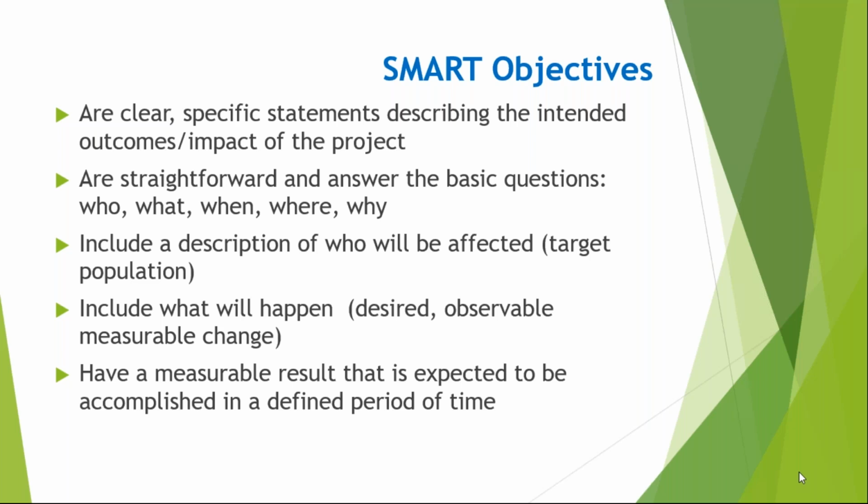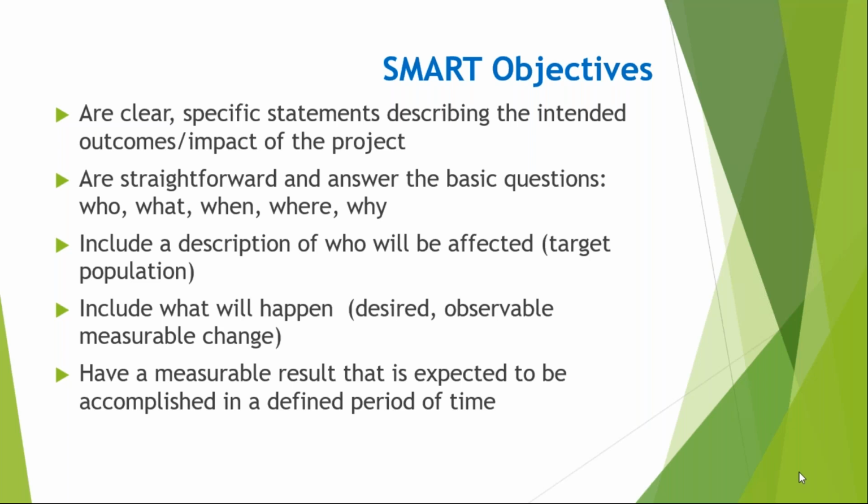Sometimes we may not necessarily have where, you know, that's going to be our service area. So we don't have to take this too literally when you're answering who, what, when, where, and why, but you need to make sure that your grant clearly covers all of this somewhere in the application.